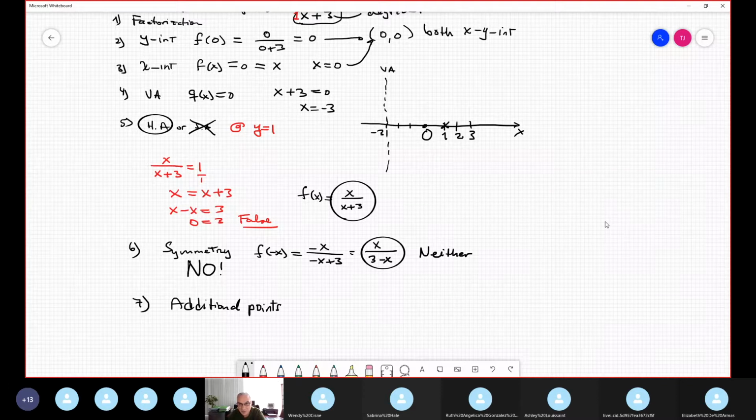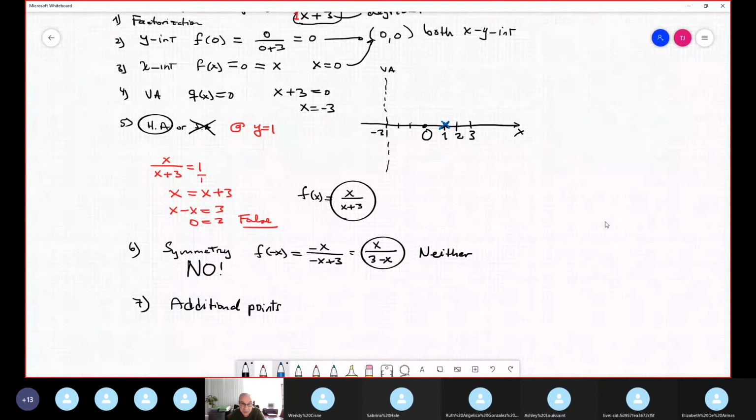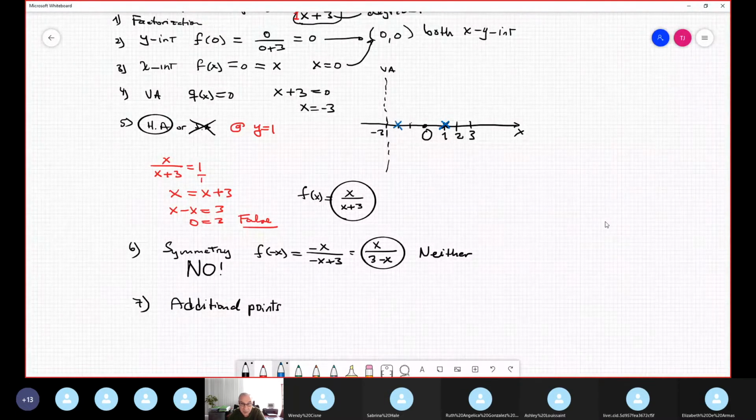So after 0, let me use blue color, I select 1. In the interval between 0 and negative 3, I select, for example, negative 1 or negative 2. And beyond negative 3, I select negative 4 or negative 5, completely arbitrary.